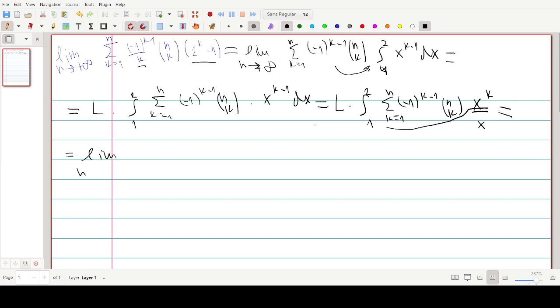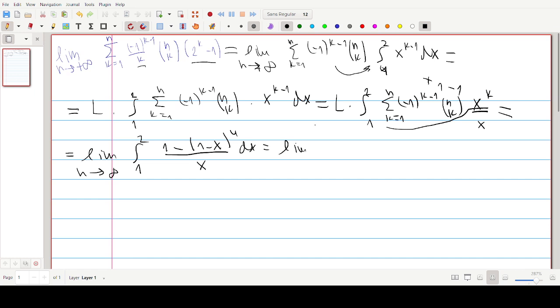So limit as n goes to infinity, an integral from 1 to 2, we add 1 and subtract 1. So what do we have? We have 1 minus x to the nth power over x dx.